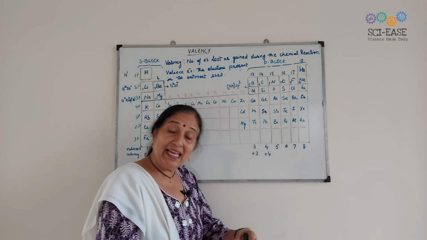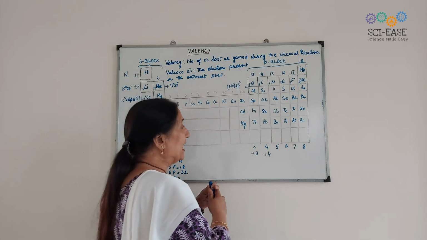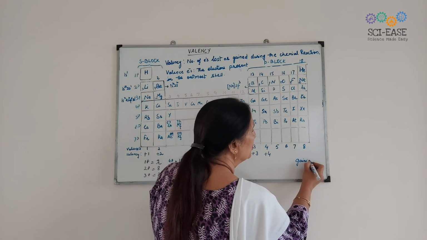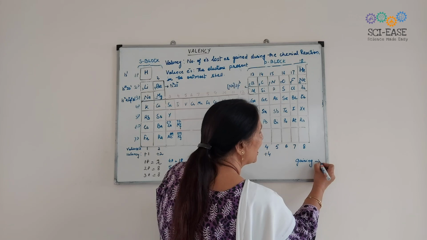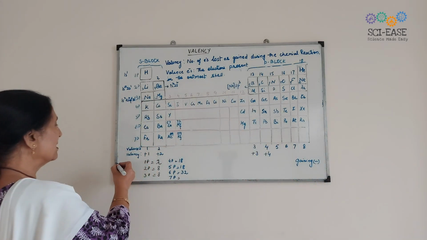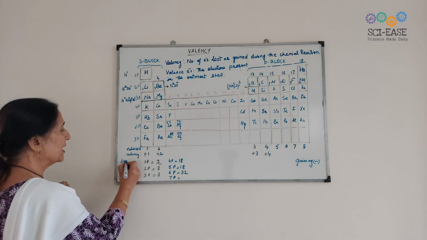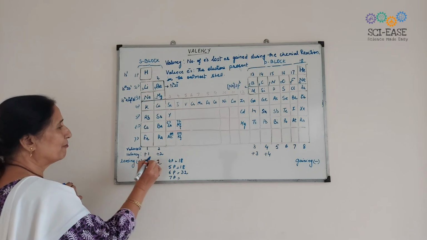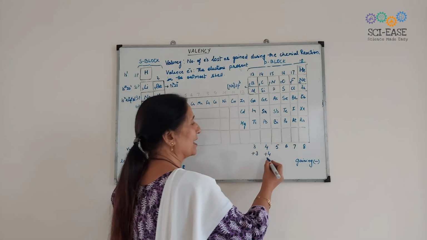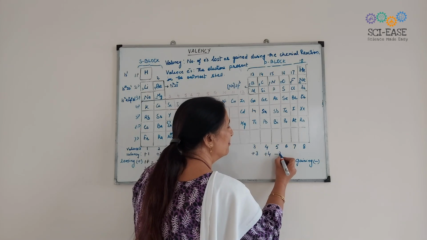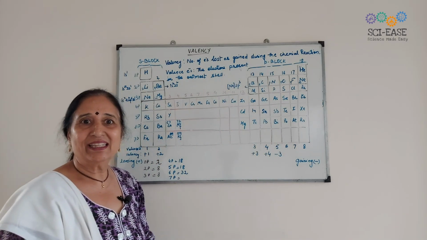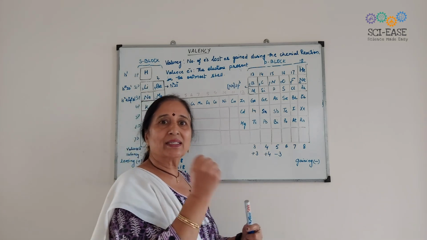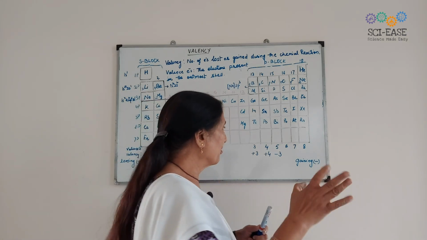So, they will gain 3 electrons, and for gaining, you must know that we use minus sign. For losing, we use plus sign, and for gaining, we use minus sign. So, here the valency will be minus 3. They will gain 3 electrons to acquire the noble gas configuration.